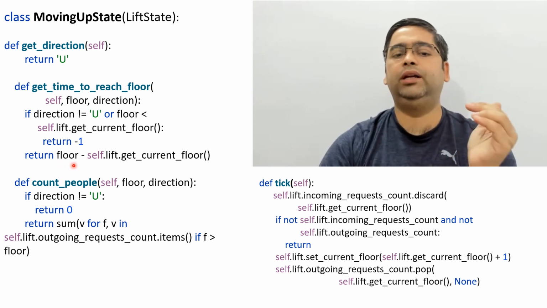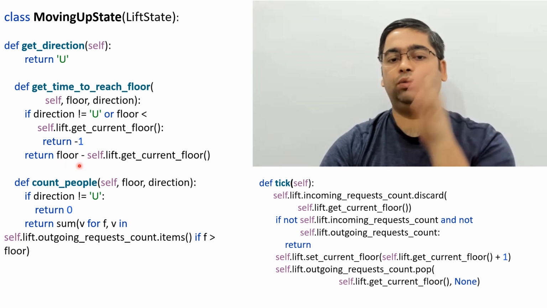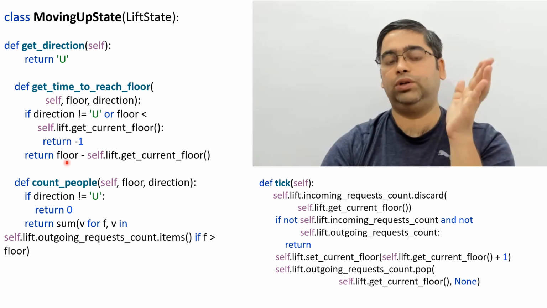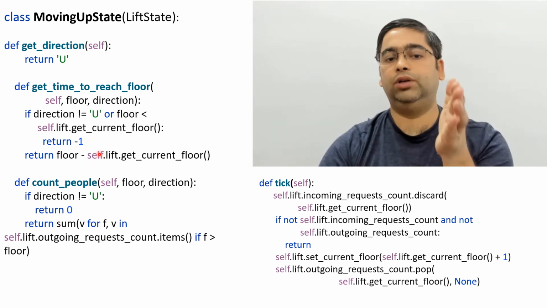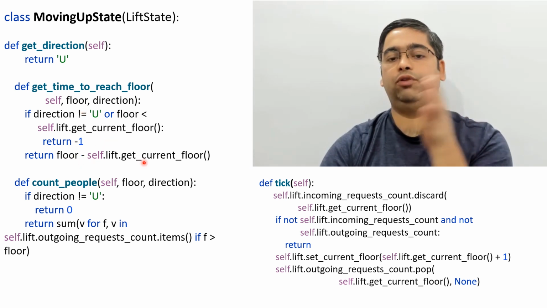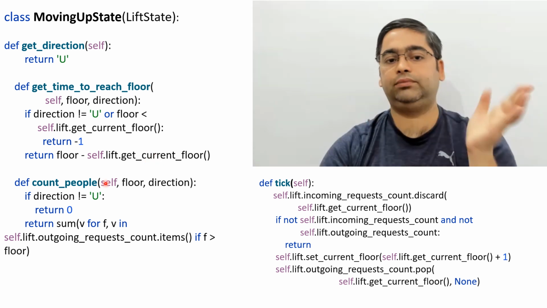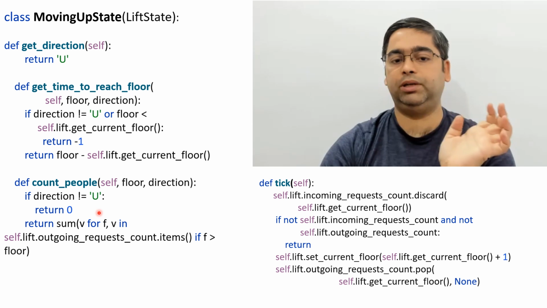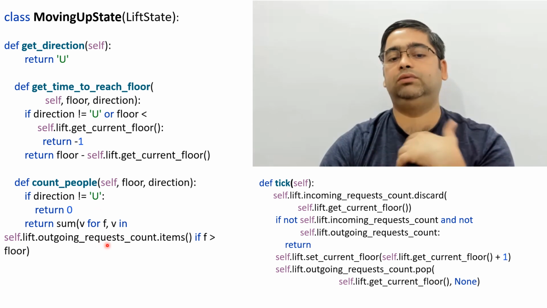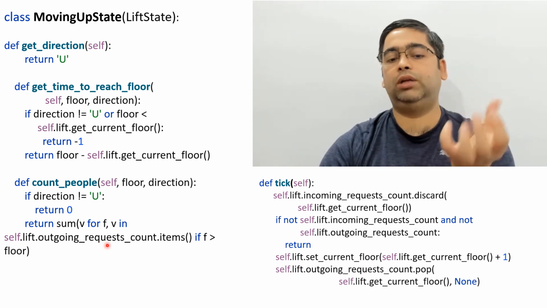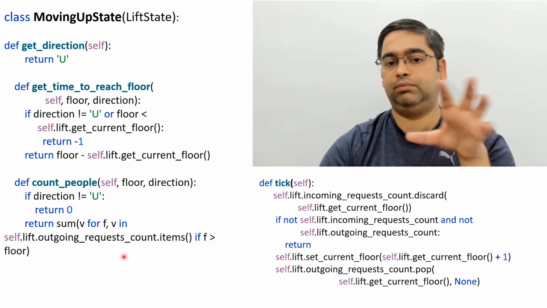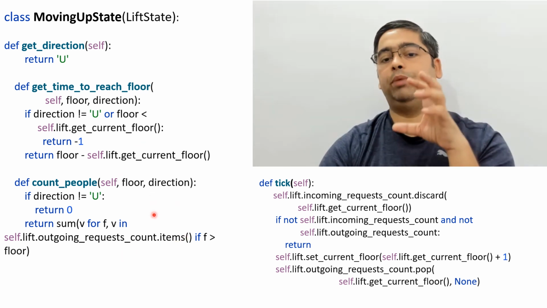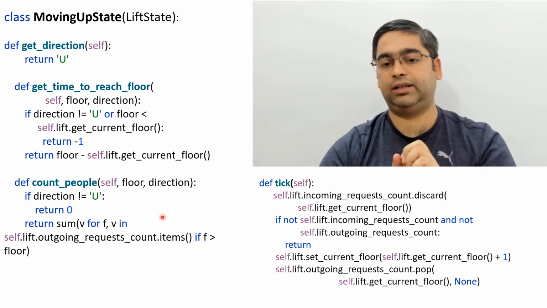Else, since time taken to move up one floor is 1 second, it will simply reduce the destination floor minus the current floor the lift is at. Again, for counting people, if the lift is not moving in the up direction, it will simply return 0. Else it will count all the people whose destination floor is greater than that floor. So the number of people who will be on that floor in that direction.